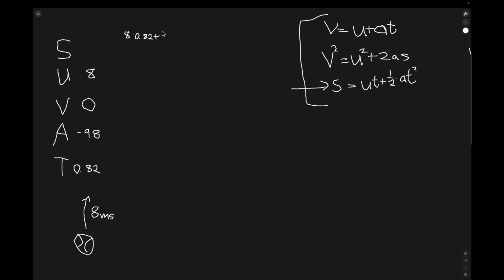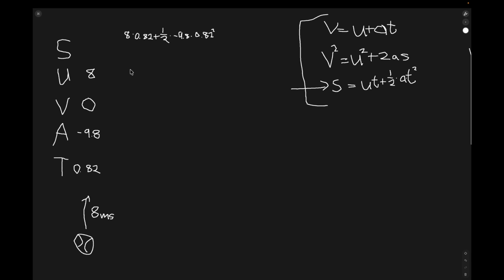Plus half a times t squared. So negative 9.8 times 0.82 squared.